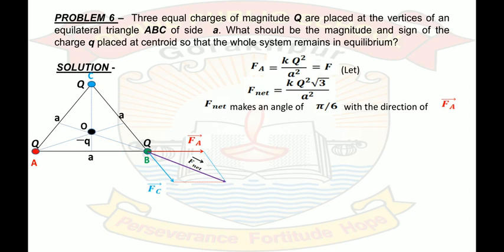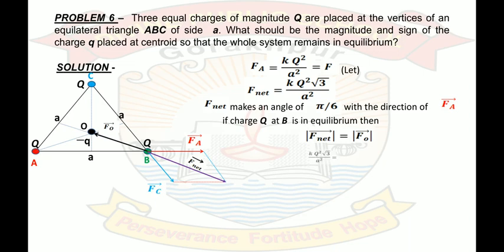And if it is negative, the force will be towards itself. Let this force be Fo. Now for equilibrium, F net must be equal to Fo. The value of F net we have calculated. Now for the value of Fo, just see, this separation is a upon under root 3. Charges are Q and minus q. Let us solve it. We are going to have kQq upon a upon under root 3 whole square.